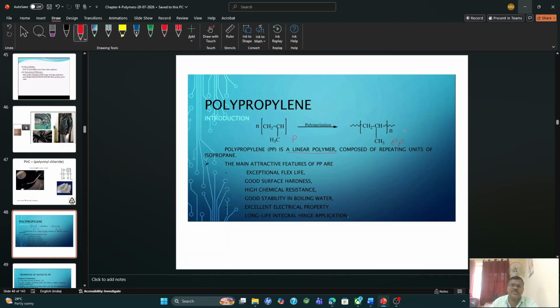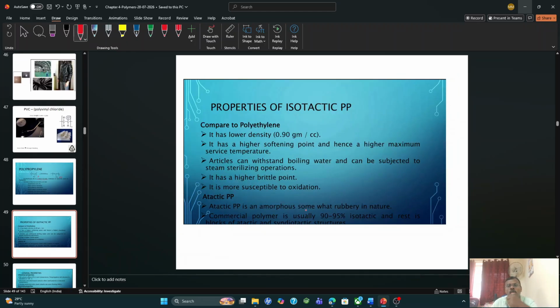The main attractive features are its exceptional flex life, good surface hardness, high chemical resistance, good stability in boiling water, excellent electrical properties, and long life integral hinge applications. Polypropene exists in three forms: isotactic, syndiotactic, and atactic.